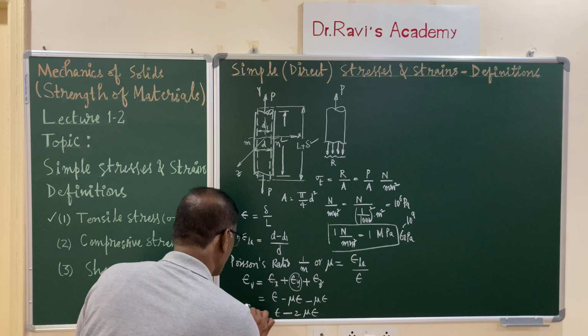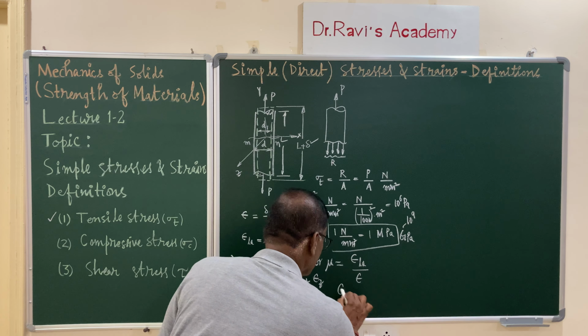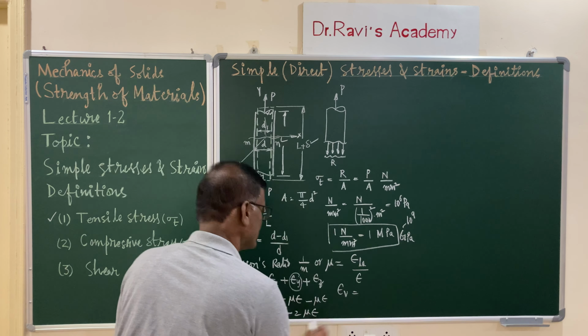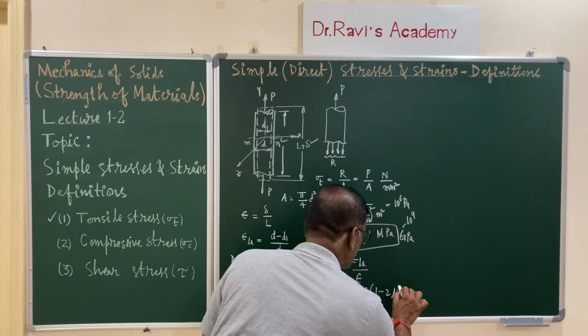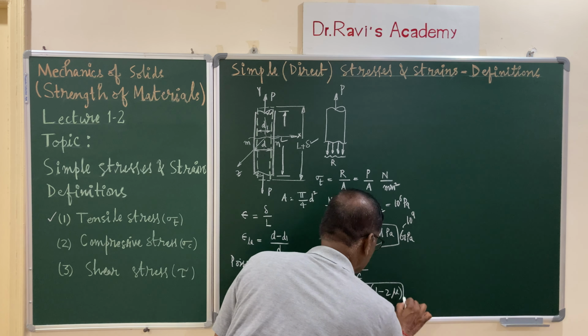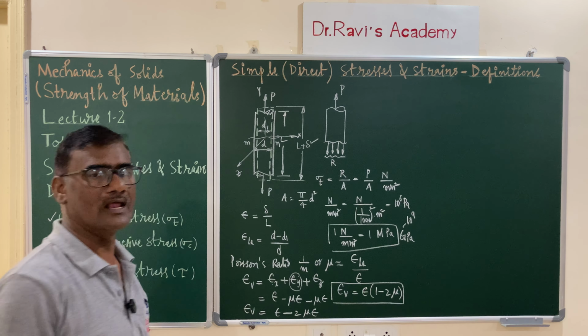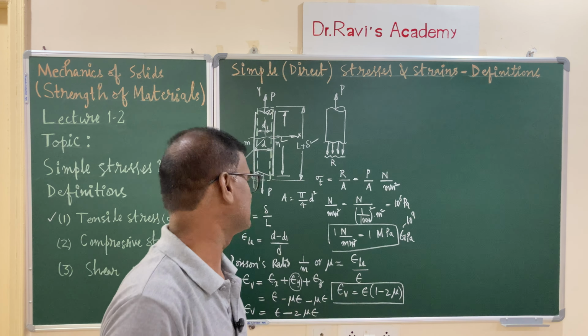You can write down the expression for the volumetric strain, if you take epsilon common, that is linear strain, as 1 minus 2 mu. This is one very important relation between the volumetric strain and the linear strain.